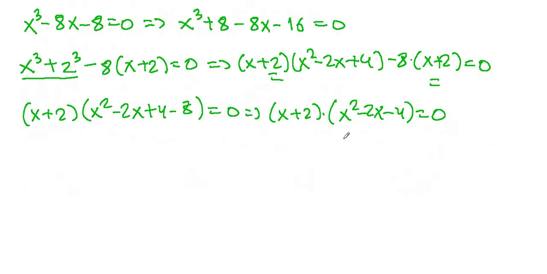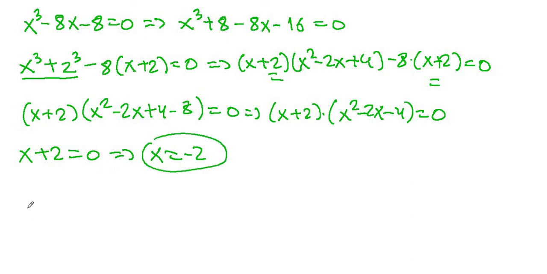So we see that the multiplication of two expressions is equal to 0, so therefore we have to equate each expression to 0. So x plus 2 is equal to 0, where we will find the first solution of this equation, x is equal to minus 2. And the second is x squared minus 2x minus 4 is equal to 0.